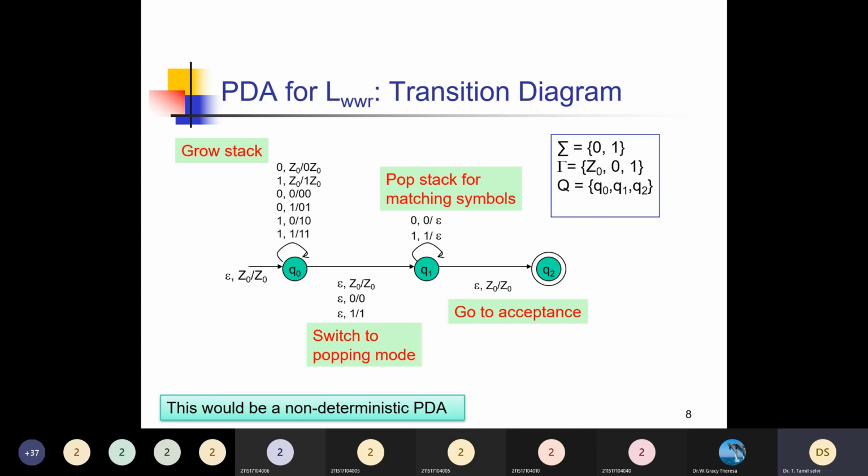In the transition function representation, we are using the self loop, that is the internal loop, so I'm writing all those things in the same place. That is, if the input is 0 and the top of the stack is Z0, you have to push 0 onto the stack. If it is 1 and the top of the stack is Z0, then you have to push 1 onto Z0. If it is 0, 0, you have to push 0.